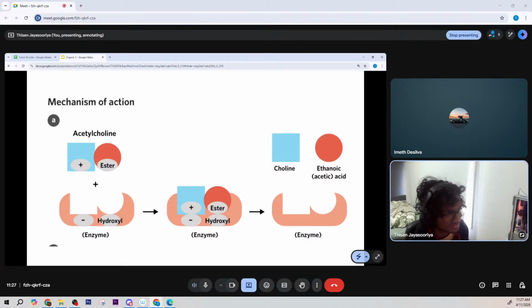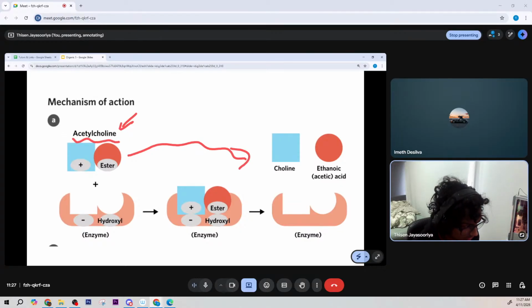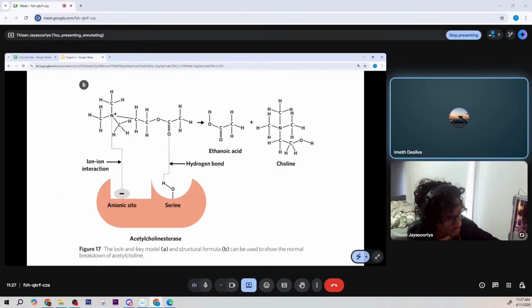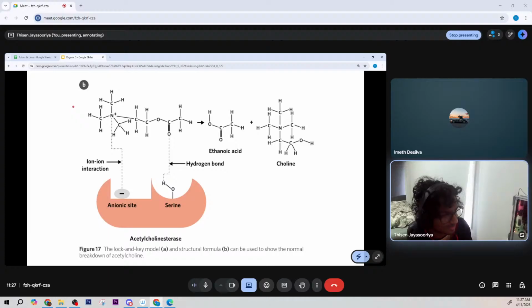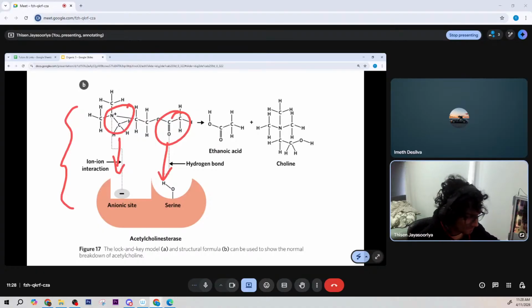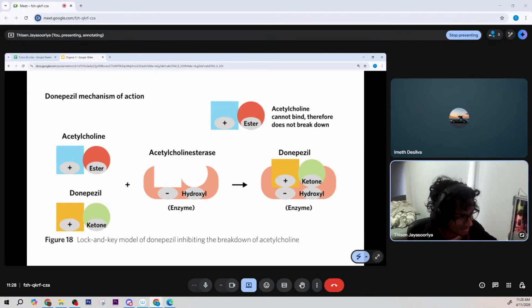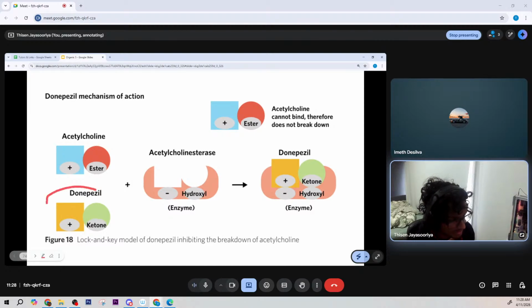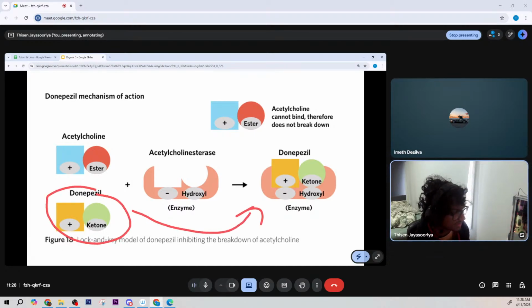So here, this is a common reason why Alzheimer's disease is a big issue. This reaction is a big issue because it essentially breaks down this thing that we need in our body. This is basically the whole bonding, right? The bonding is specific. I just want you to remember that the bonding is specific. Now, this is our competitive enzyme inhibitor, which stops this reaction from occurring.